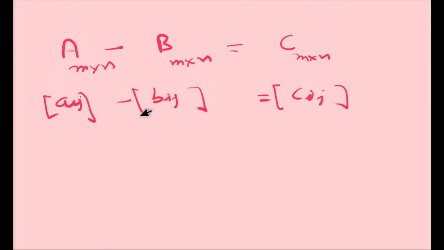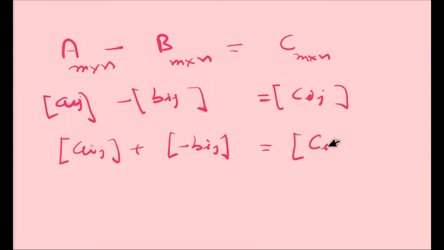Now what is the meaning of this subtraction? The meaning is only that aij plus bij multiplied by minus, so you get the addition of aij and minus bij.